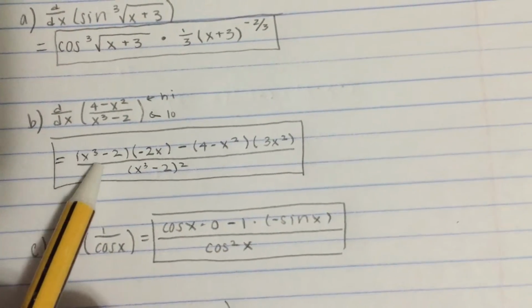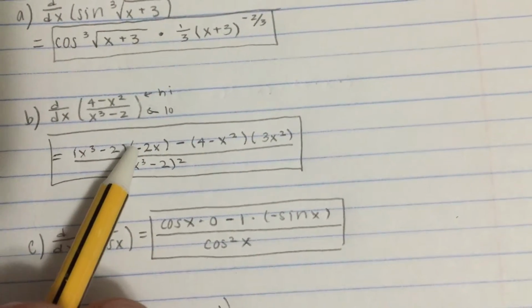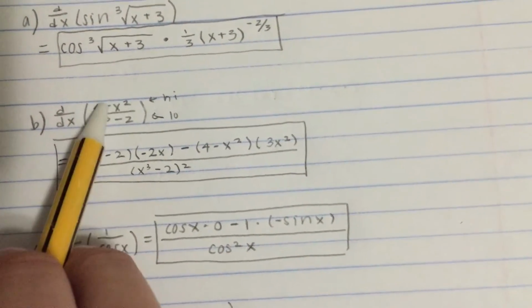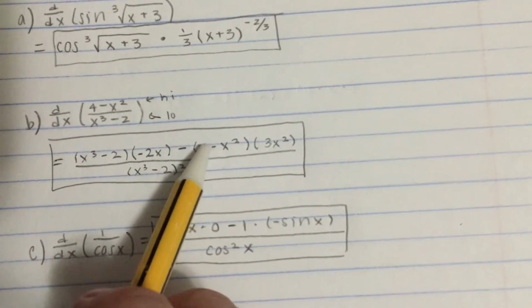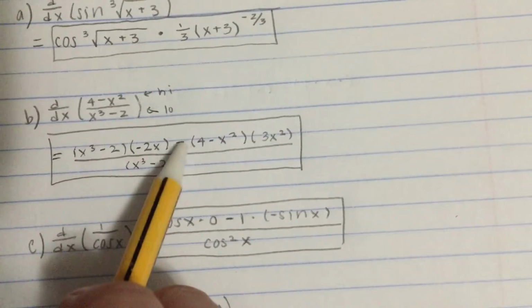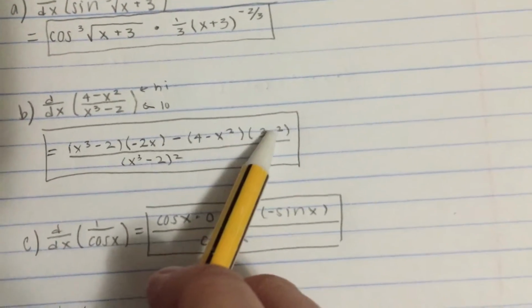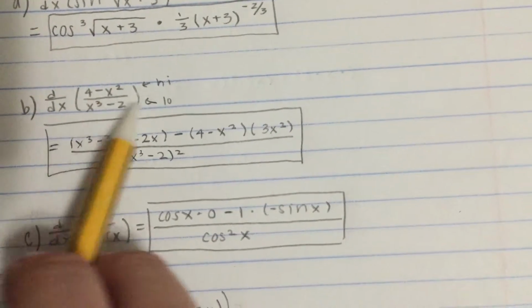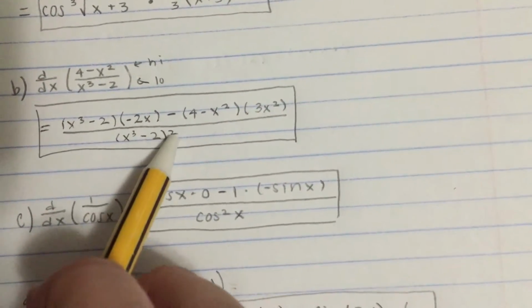So the low, which is x cubed minus 2, times the derivative of the high, which is negative 2x, and subtract the high, which is 4 minus x squared, times the derivative of the low, which is 3x squared, and it's all over the low squared. So (x cubed minus 2) squared.